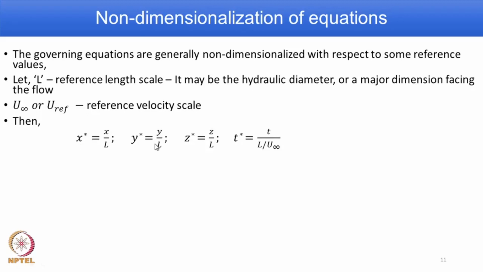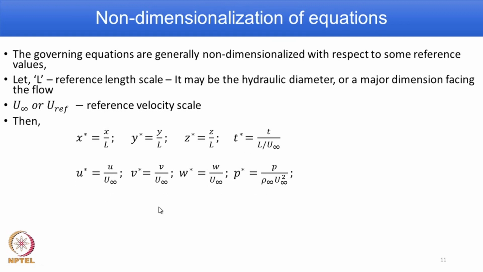You can define similarly for the other two length dimensions. We use the same length scale in all, so it is y over L and z over L, and time is non-dimensionalized from these two. L over u infinity will give you the time. So any time related quantity, for example the first term, the time derivative term, is divided by L over u infinity to get the non-dimensionalized time t star.